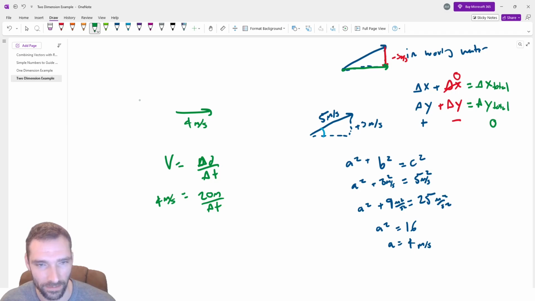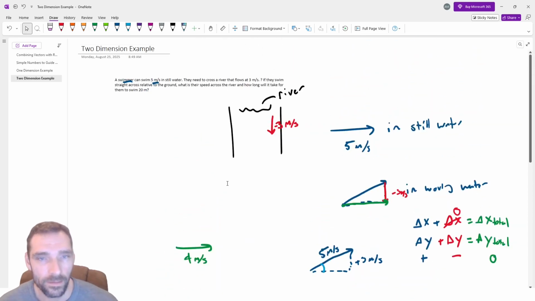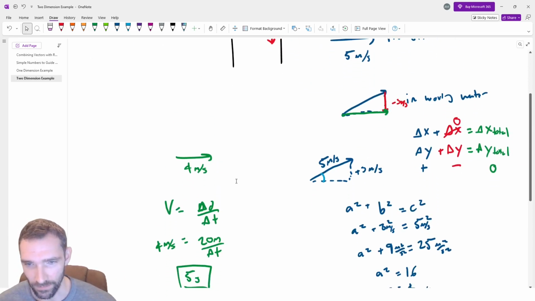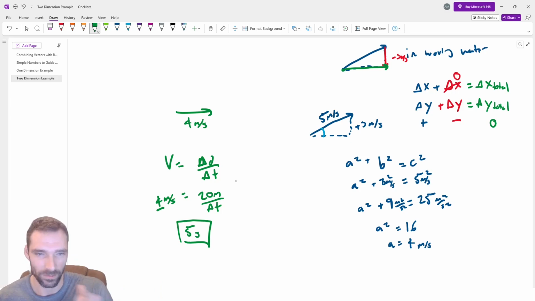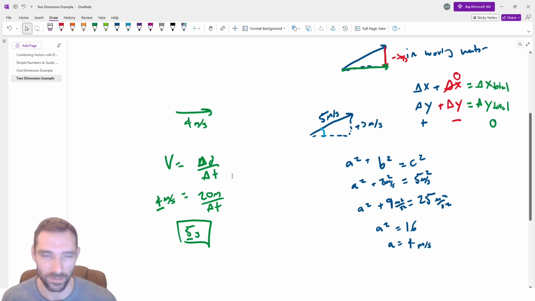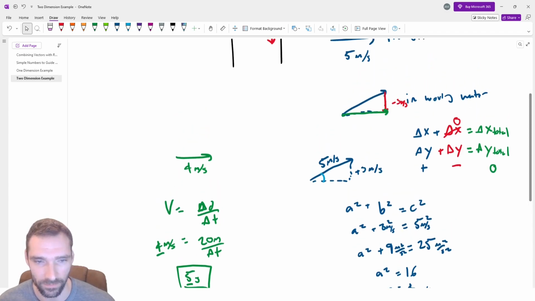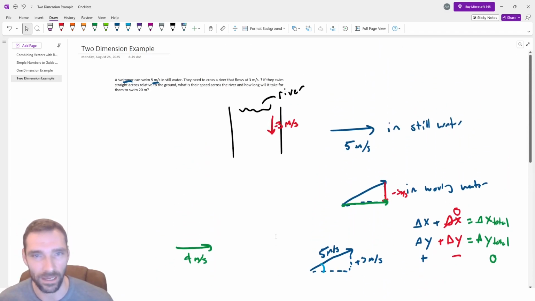This is going to work out as 5 seconds to travel all the way across. And we're going to limit this to 1 sig fig as well, due to this answer being limited to 1 sig fig. And it was a whole number. You could do this as 4.000 if you wanted to, but it's going to end up being 1 sig fig in our final answer. So that's how you do that first problem.